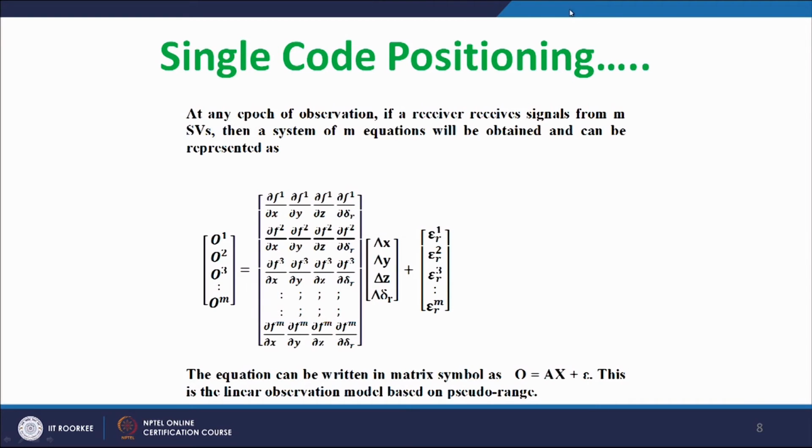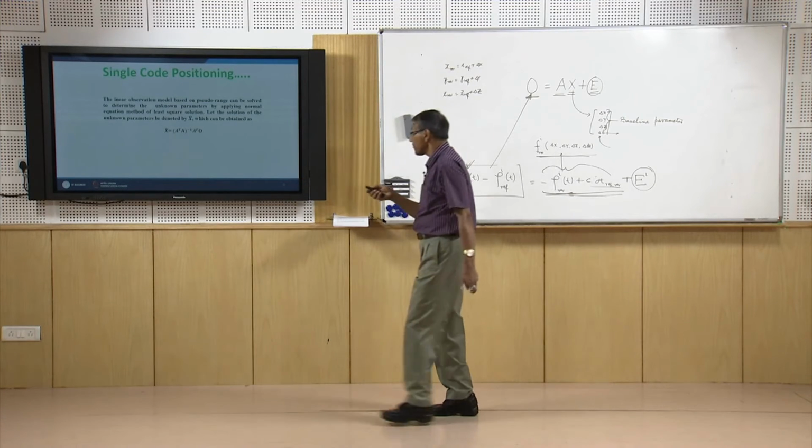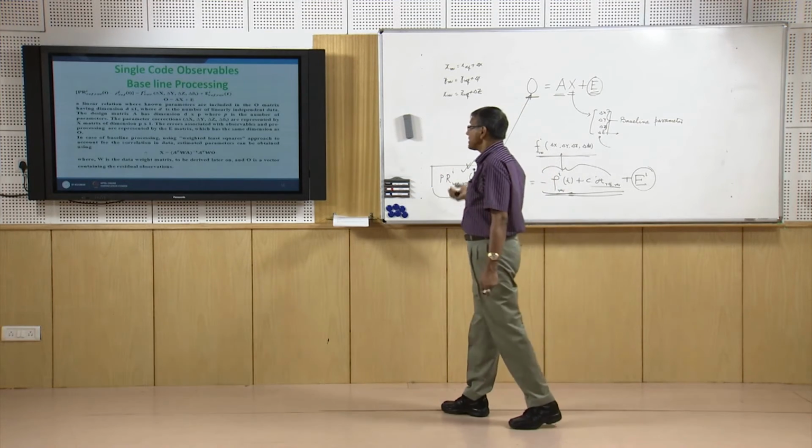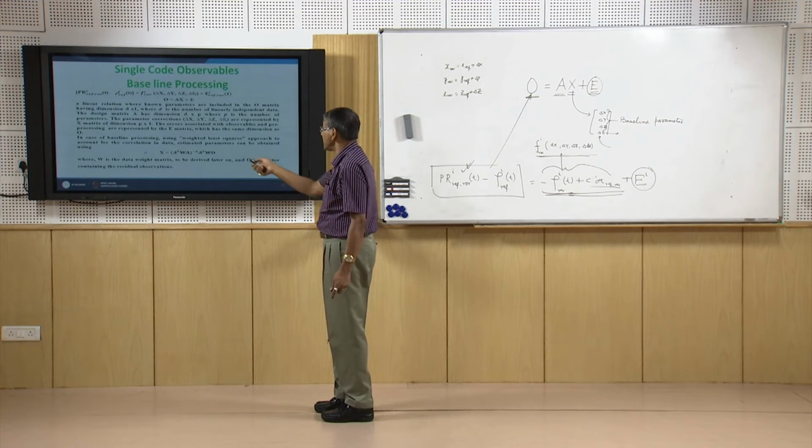This can be converted to matrix notation, and this linear model has been used to find out the unknown parameter x, the position of the receiver, by using least square analysis, the normal equation method, and we end up with this. Similar to this, in case of baseline processing also we end up with this relation.